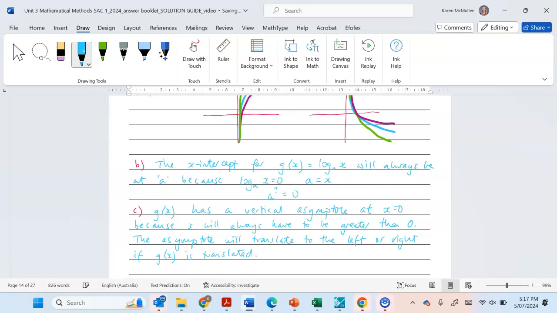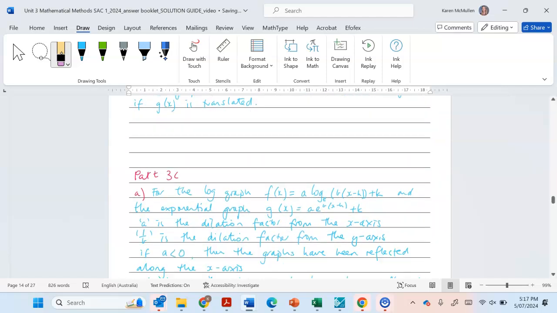So that's why we can't have it equal 0. And some students wrote that, which was really good to see. And then also talking about how your asymptotes can change. So even though we didn't talk about transformations, it was really good to see if students said your asymptote can go left or right if it's a vertical asymptote, or up and down if it's a horizontal asymptote.